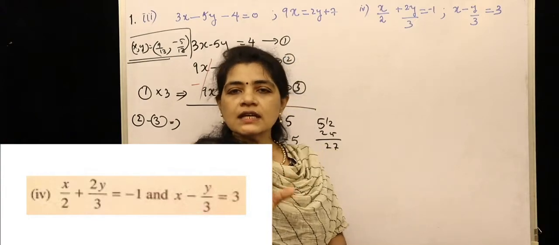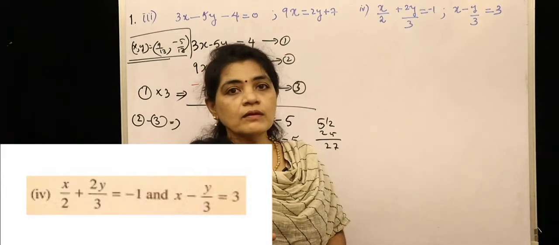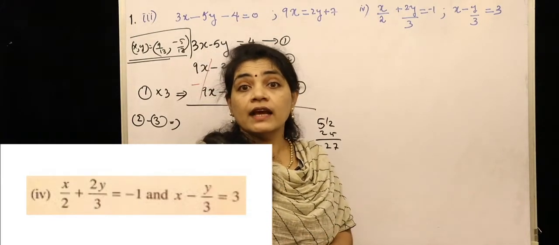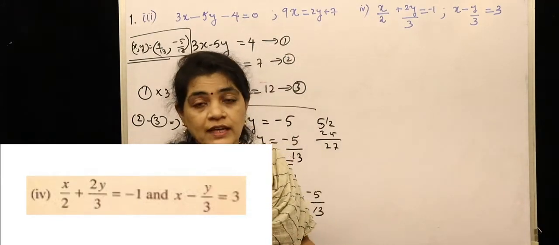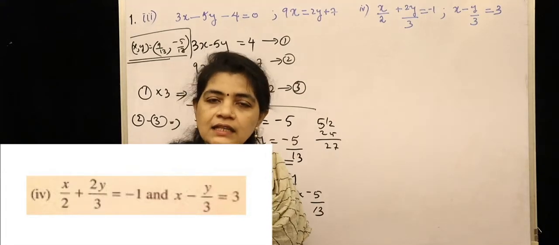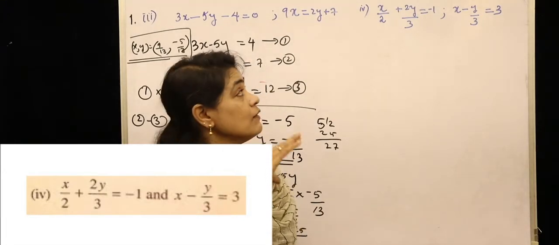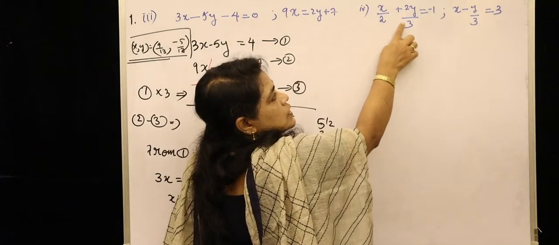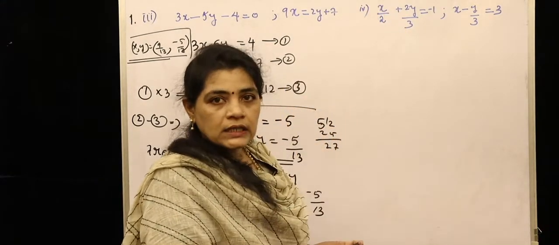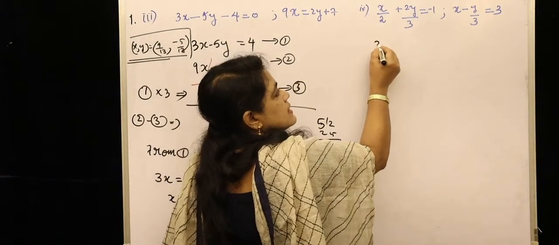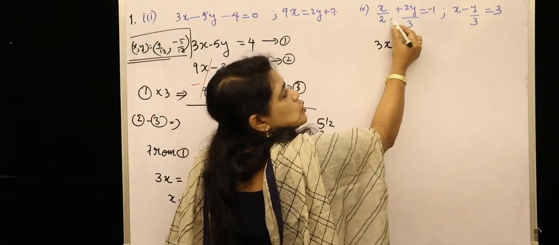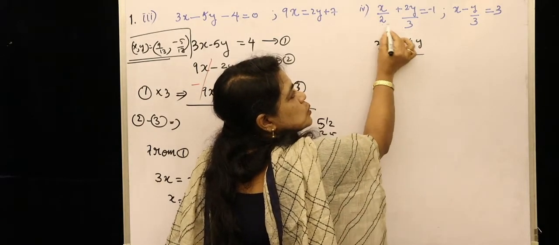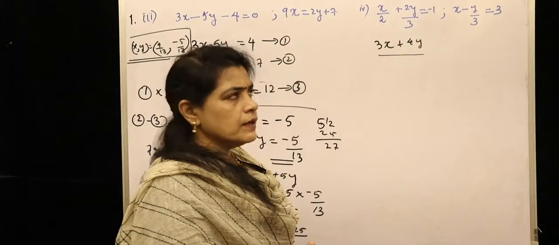Here the constants are on the RHS, but the problem is that we have to cross multiply and eliminate the denominators first, so that the given equation is free from denominators. I cross multiply: the coefficient of x is 1, 1 three is 3x, plus 2 twos are 4y, divided by 2. We are just doing the cross multiplication.